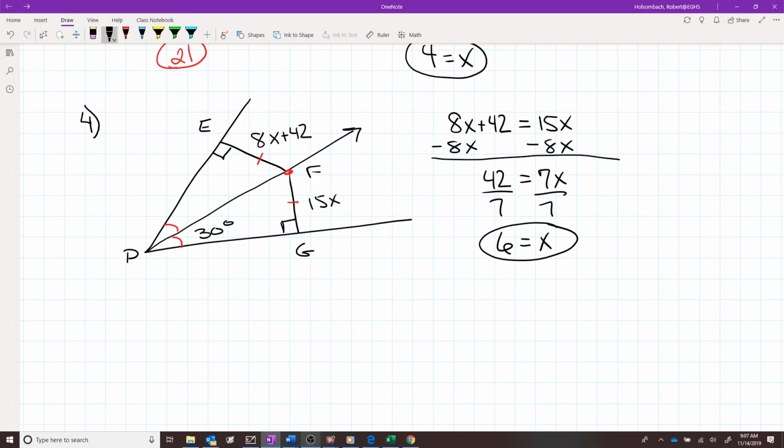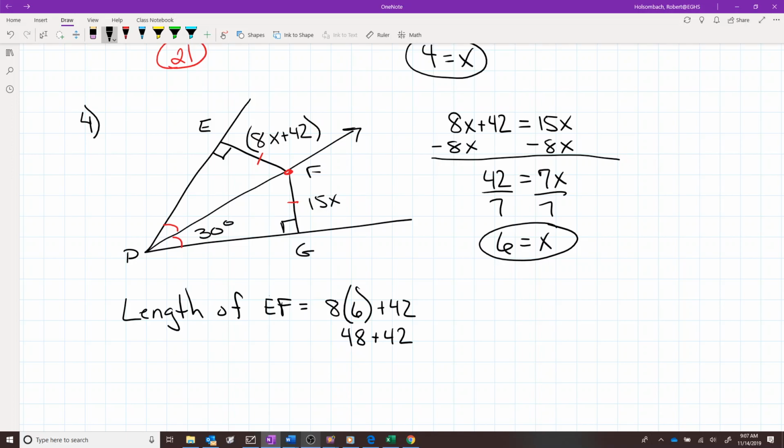The question is going to ask for the length of EF. Alright, so if x is equal to 6 and EF is represented by 8x plus 42, then we got 8 times 6 plus 42, which is 48 plus 42. And that's 90.